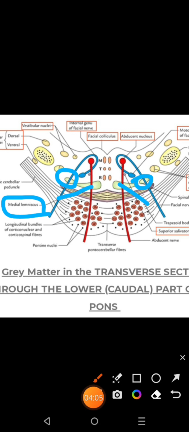Yes, that is the lateral lemniscus. You cannot see it here. Why? Because it is not present yet, or you would say the trapezoid body is supposed to finally take part in the formation of these lateral lemnisci, and that is why here it is in the process of making. So you will observe the lateral lemniscus in the upper pons, right?